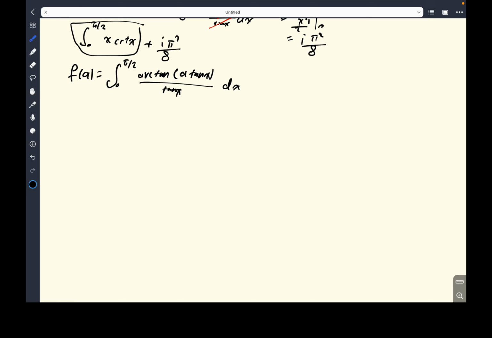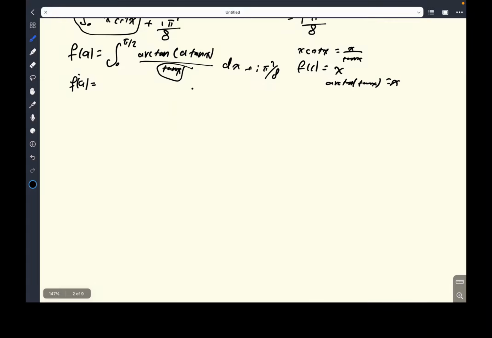I can write x cotan x as x over tan x, and if a is 1, f of 1 yields x, because arctan of tan x is x. So I'm going to take the derivative of both sides with respect to a to remove this tan x in the denominator and make this integral solvable.